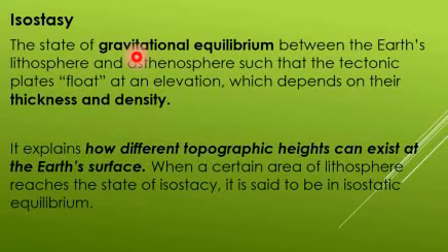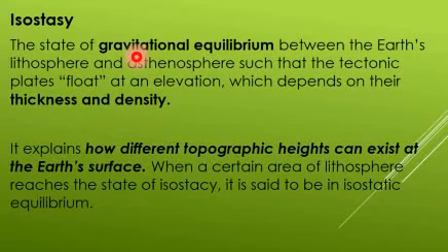Ang idea lang naman ng isostasy is that merong gravitational equilibrium sa isang lugar, at dahil doon, once na magkaroon ng mountain formation, hindi siya ganoon kataas, kasi balance yung gravity. Yan yung isostasy.